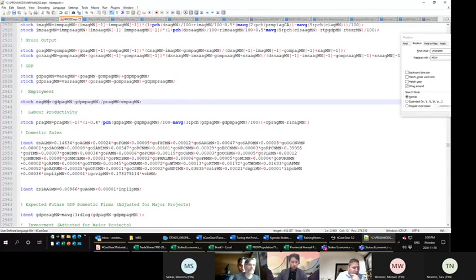Employment is the same type of concept: take GDP, take those projects out, and divide it by the industry productivity. It gives you your employment level, what you'd call base employment excluding projects, and then we put in those project numbers on top of that independently as well.